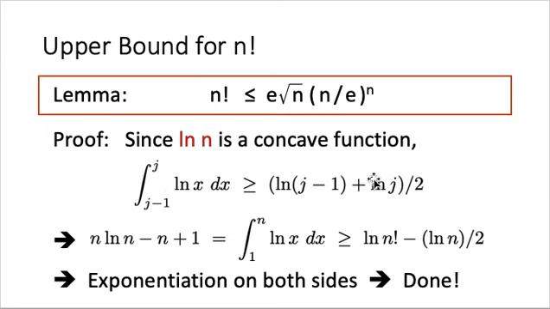So if we sum everything up, instead from j minus 1 to j, this time from 1 to n, then we are going to add up log 1 plus log 2 divided by 2, log 2 plus log 3 divided by 2, and so on and so forth, up to log(n minus 1) plus log n divided by 2.